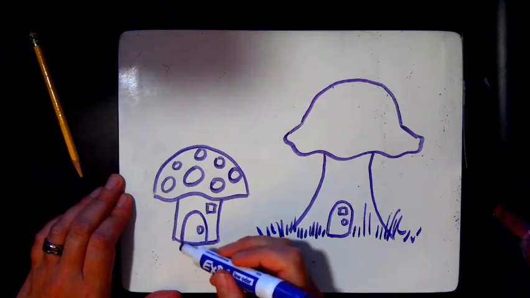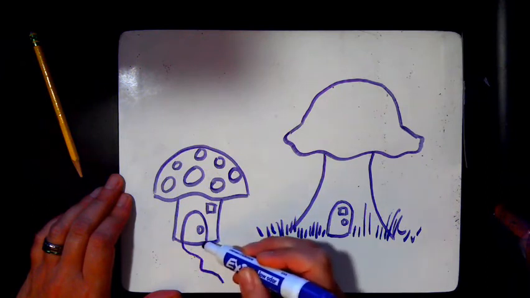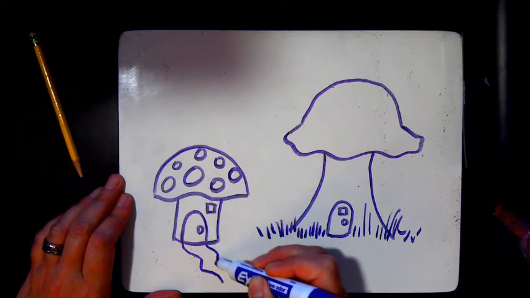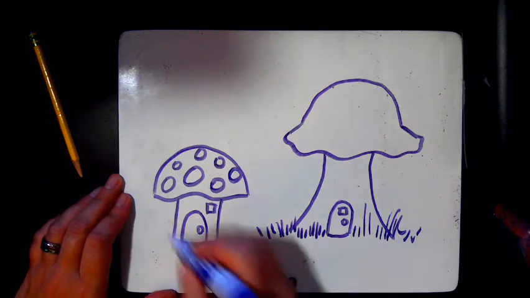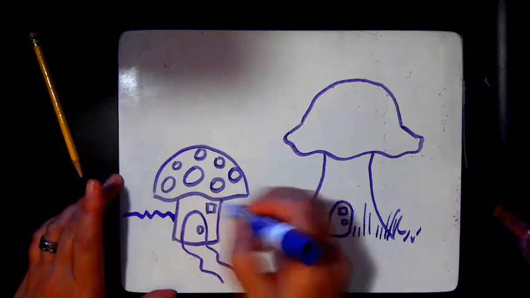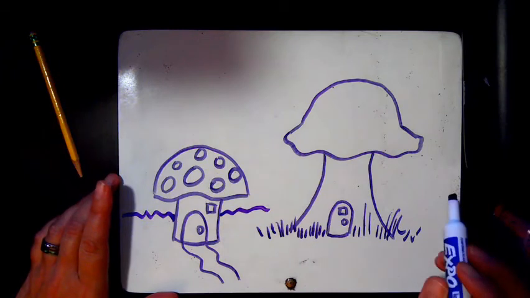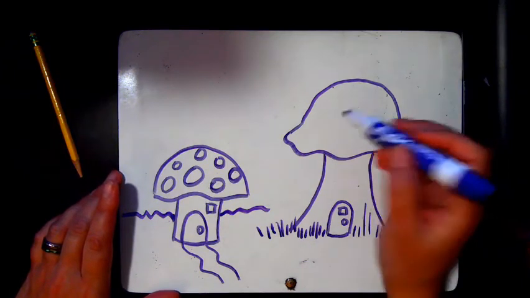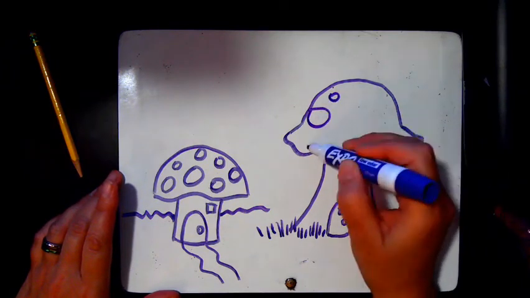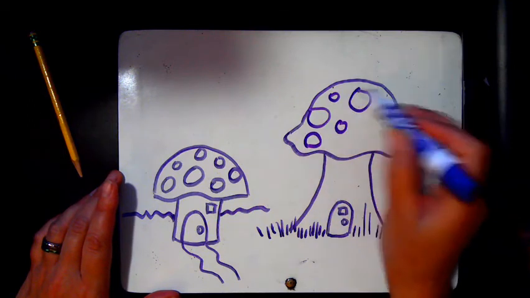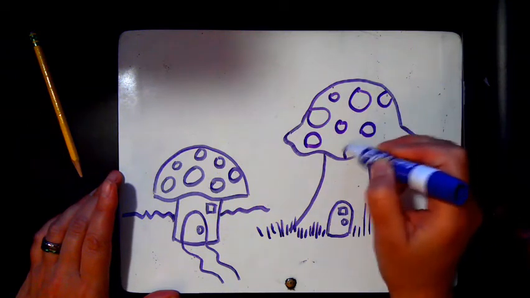You might even have a little path leading to your door like we did with our castles, right? You might even have a little path. We might put some bushes behind it like that. And once again, let's add that sort of cliche mushroom that we see in the cartoons or in fairy tales.